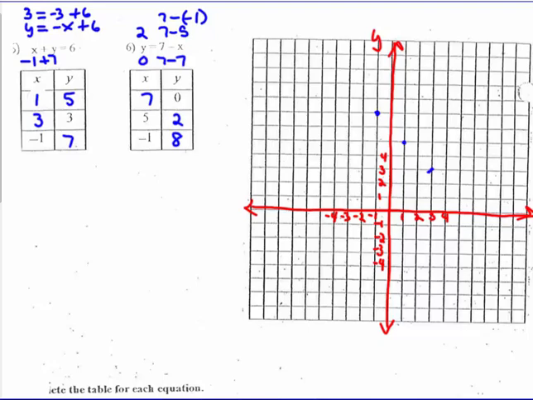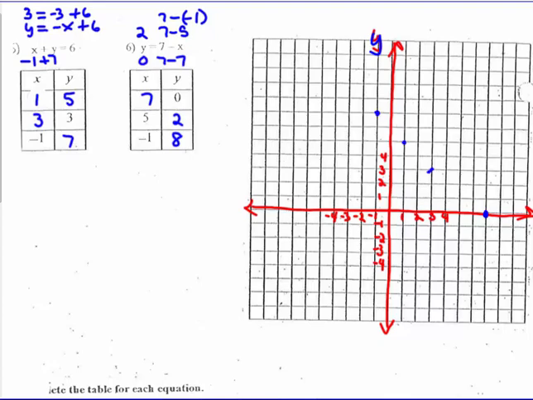You should be using a ruler, as we talked in class. Please use a ruler. Put your coordinate axes, x and y, on here. Number 4 in all directions. Label your x, label your y. So you may need to take a moment and do that. And then plot these 3 points for number 5 and the 3 points for number 6. So you may have to stop and pause for a moment. That's okay. I'm going to keep going.